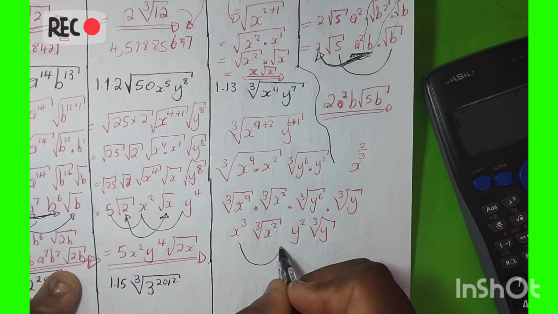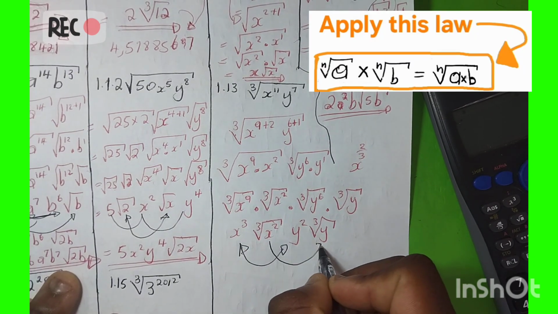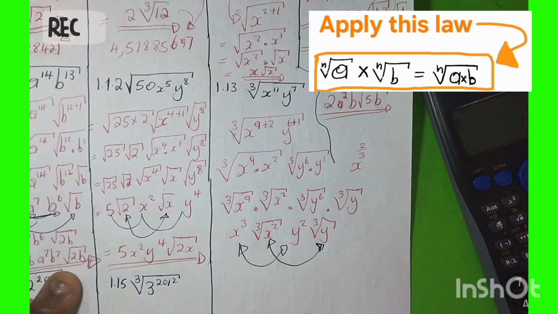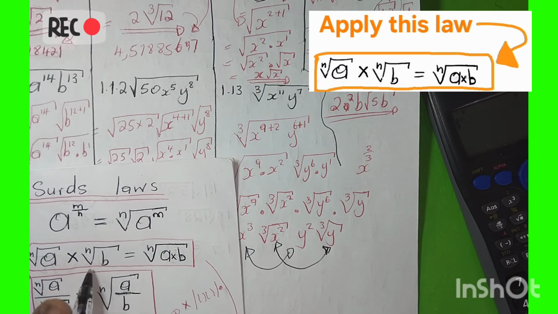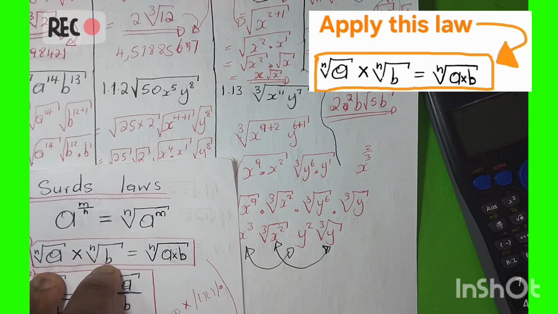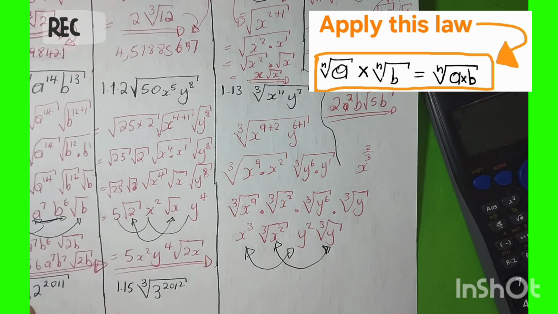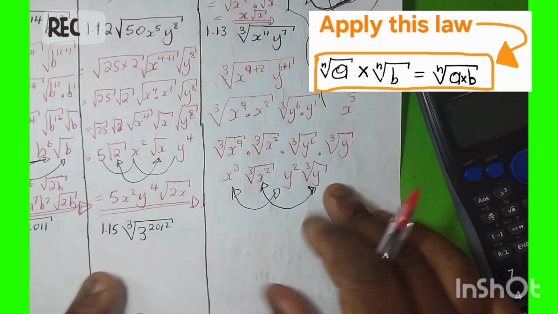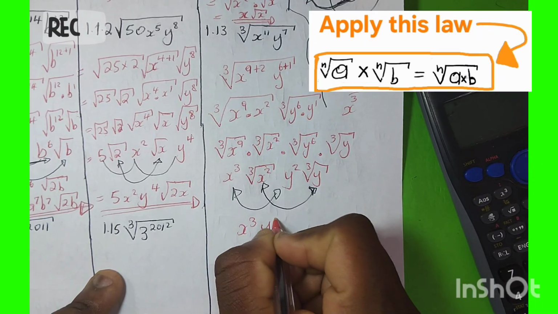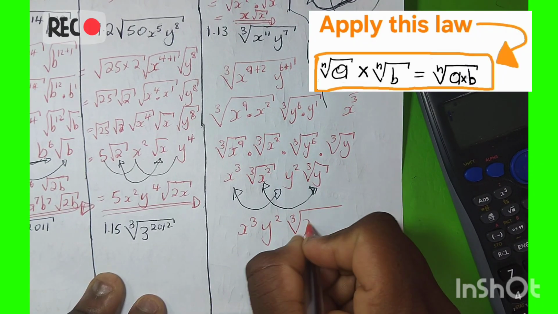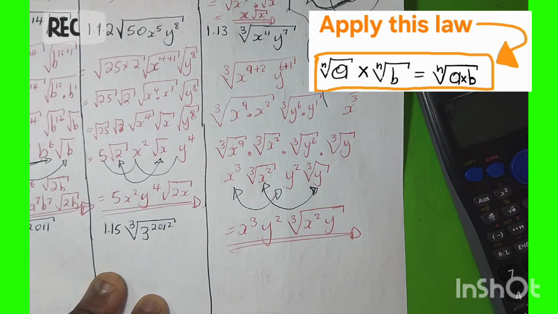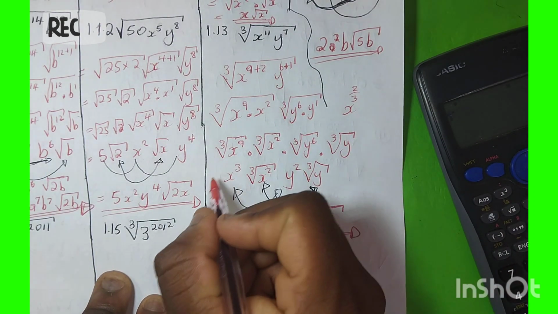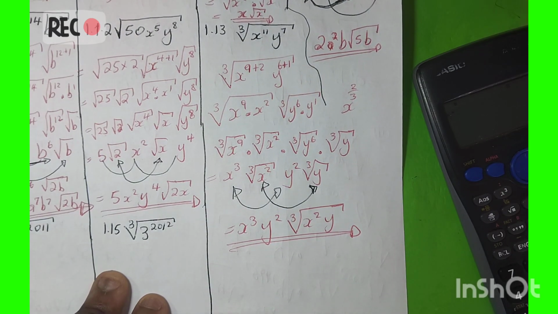Now these will multiply each other, according to the rules I told you. Only the ones inside multiply each other, so this is what will happen as your final answer: 3x squared y. So this is now in the simplest form of a cube root.